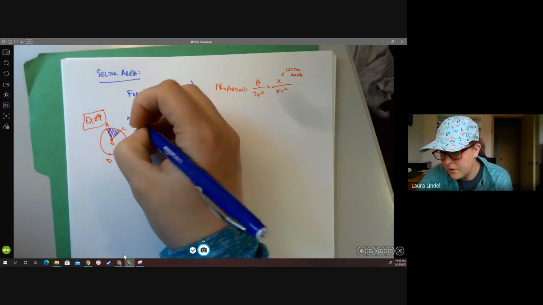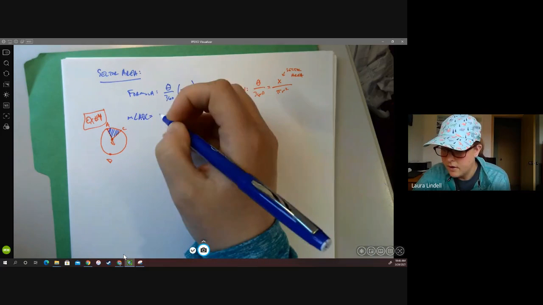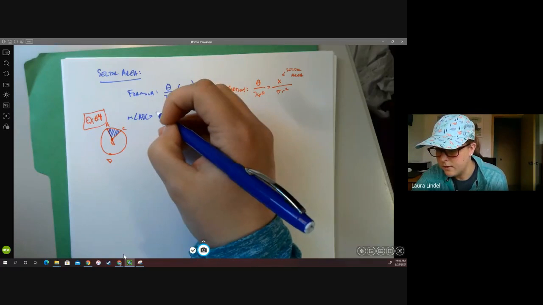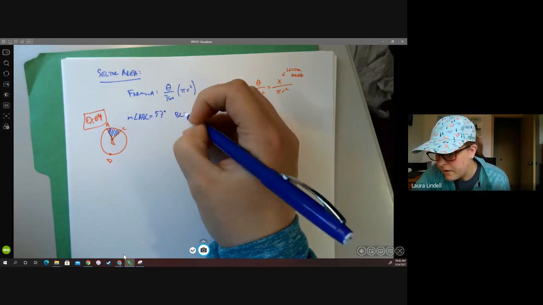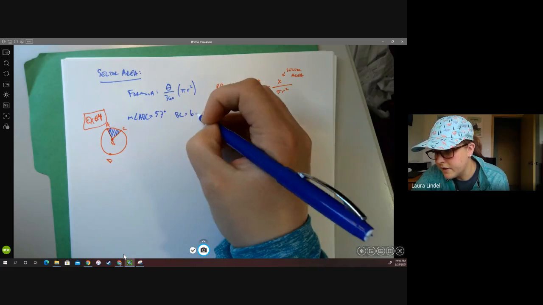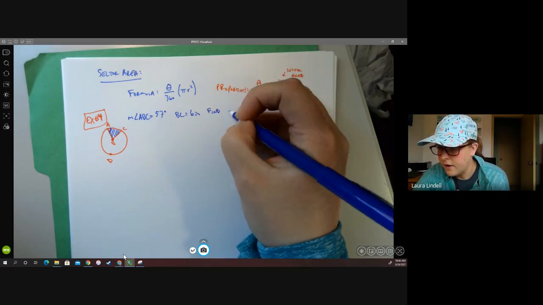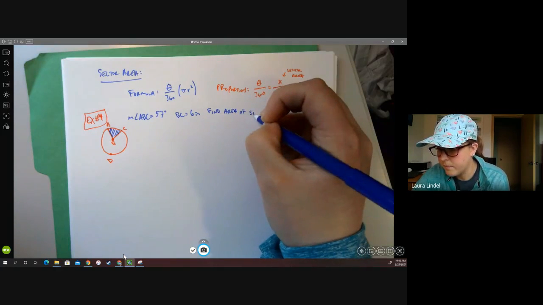So we'll say measure of angle ABC is equal to 57 degrees. BC is 6 inches. Find area of the shaded sector.